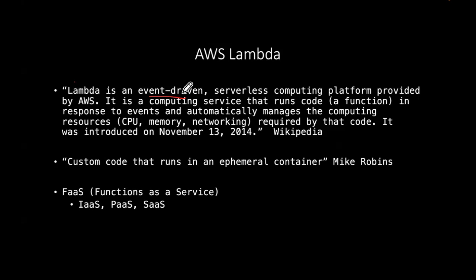What the Lambda service also does is it automatically manages the computing resources that the Lambda function needs. And by that we mean it provisions some CPU power, some RAM memory, some network bandwidth. It takes care of managing those utilities for our Lambda function.